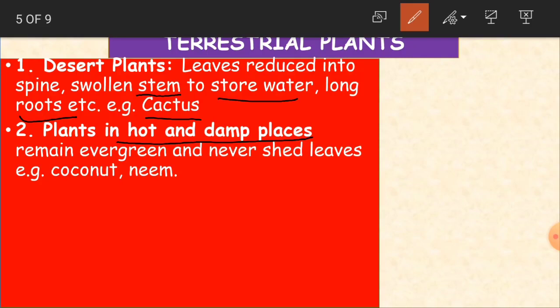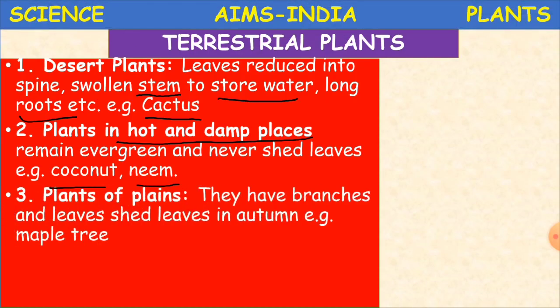Their leaves are always there on the tree or the plant, so that is why we call them evergreen plants. For example, coconut and neem. The coconut tree and neem tree always remain green. These types of plants grow in hot and damp places.